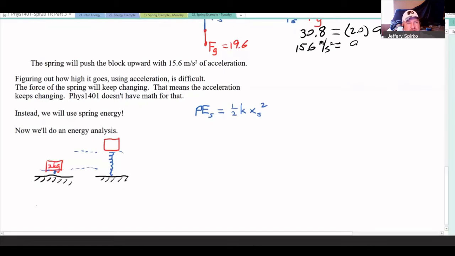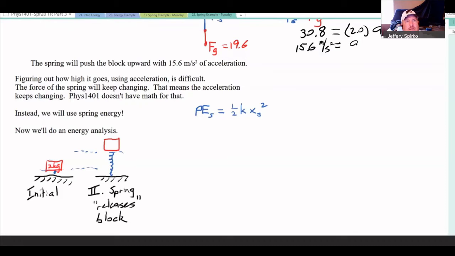So these states are initial, and I'm going to call this condition 2, which is when the spring releases the block.